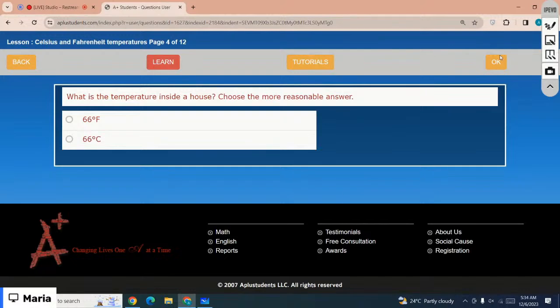Inside a house, it is 66 Fahrenheit. The correct option is 66, right?